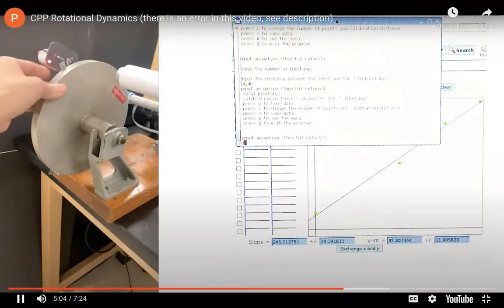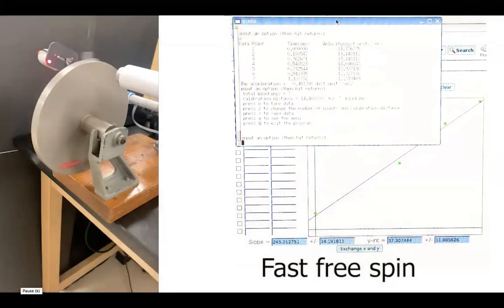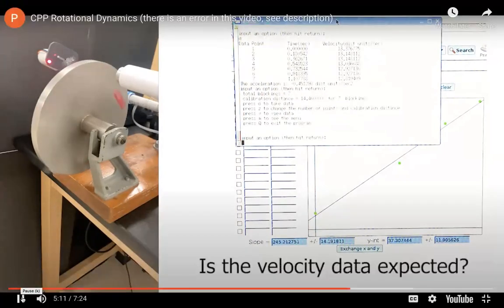So you give it a spin. So does this velocity make sense? Take a look at velocity. The velocity is recorded when these little long sheets pass by the sensor. So it passes by multiple times and you record multiple velocities.